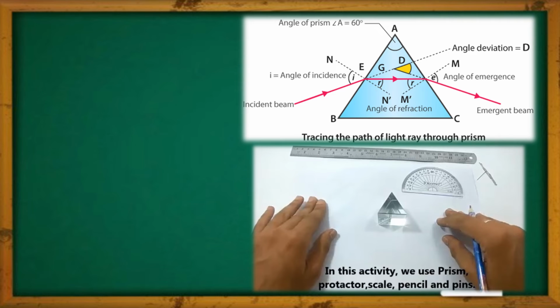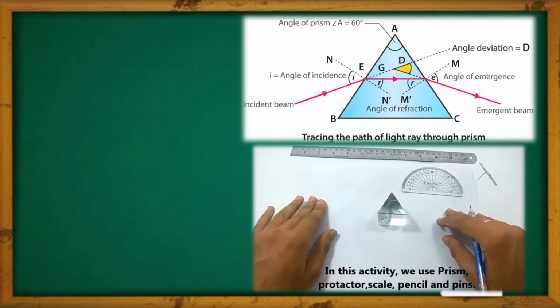The angle between the emergent ray and the normal drawn at that point we call the angle of emergence, denoted by small e. And if I extend both the incident beam and the emergent beam, wherever they intersect, an angle will be created. As you can see in the diagram, that is yellow in color, that is angle D, which is called the angle of deviation, and that can also be determined practically, which we will see now.